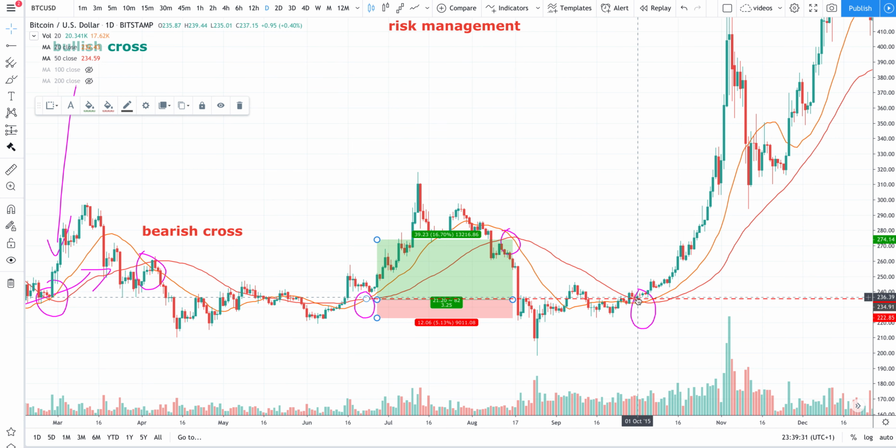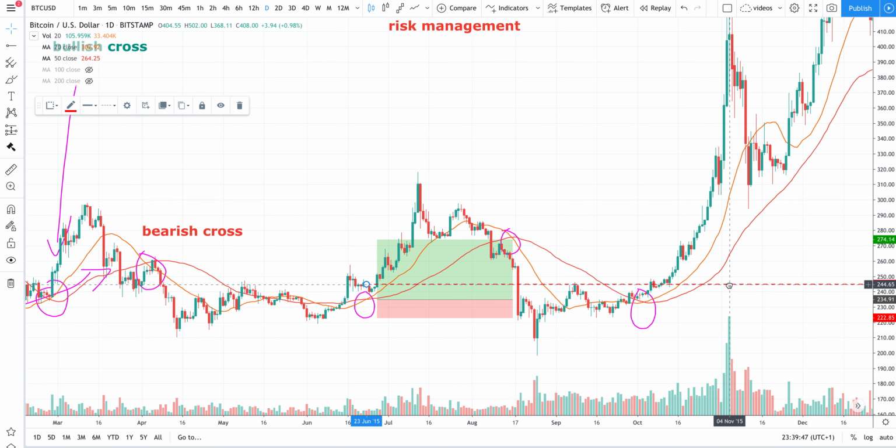So here what I would do, I would follow the trend moving upwards with my stop loss. For example, if I entered here, I would always move it a bit higher, so with a trailing stop.